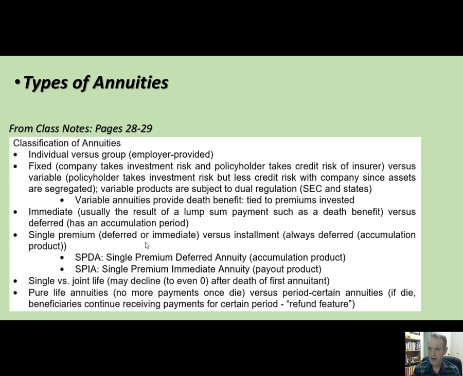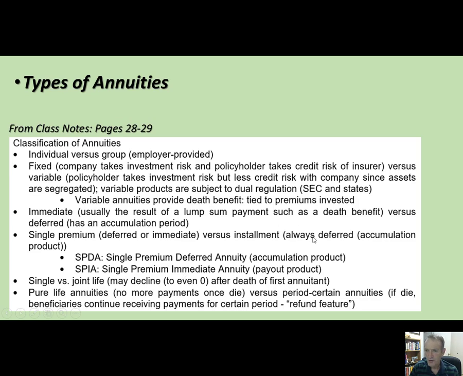And then you have installment annuities. These are going to be deferred. That's where you're paying a monthly payment premium to the insurance company. And then when you retire, you stop making the premium payments, and they start making you annuity payments. It really wouldn't make sense to pay the insurance company $500 a month and they pay you $600 a month. So you do the installment payments for the deferred annuity, and then it becomes an immediate annuity, and you stop making premiums.